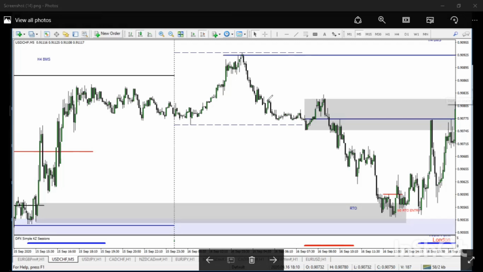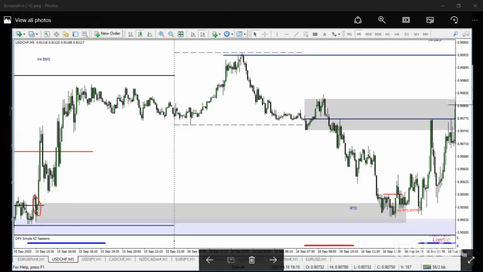If it had gone through the fair value gap into that order block, that order block would have been spent, yes? So if it's coming up the other side, it wouldn't come back to the order block because it's already been used. Is that correct? And it's likely to go through market structure, so as it collects more liquidity.